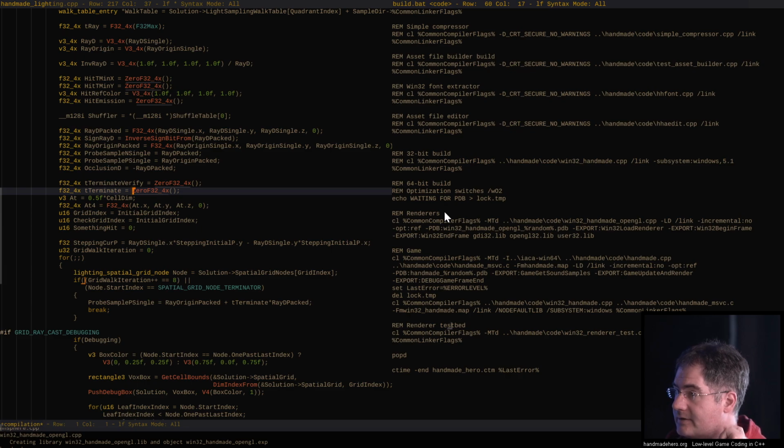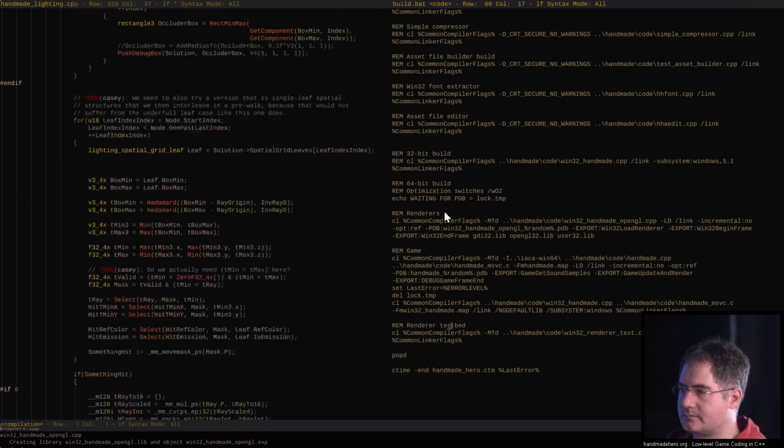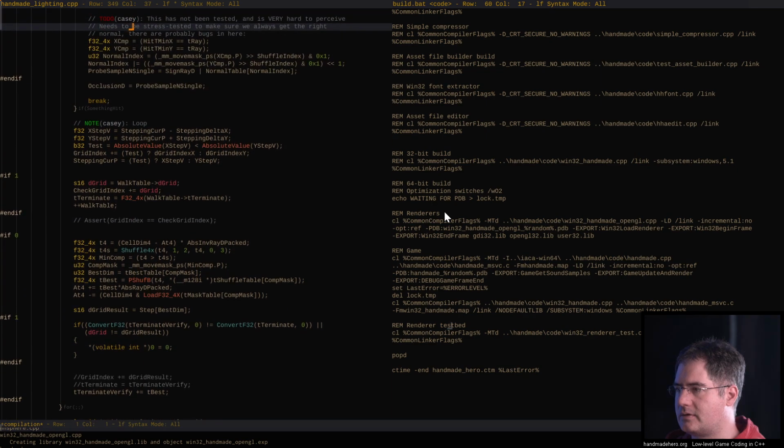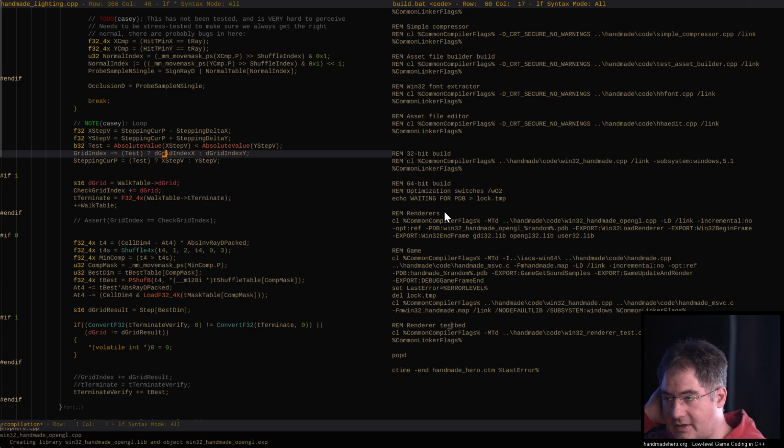Like, when you take a step forward, you know how far in t the ray has to go to move to the next cell over, because you know the dot product of the cell volume with that t value.